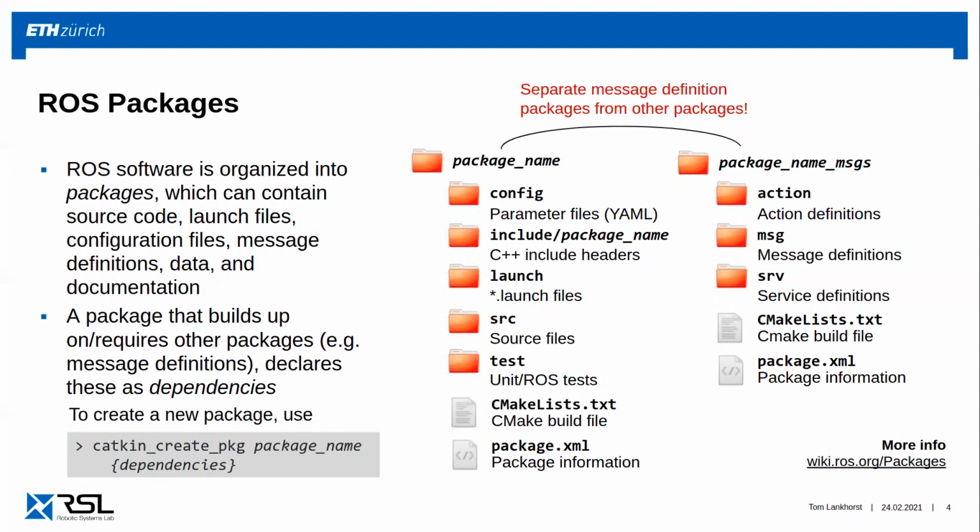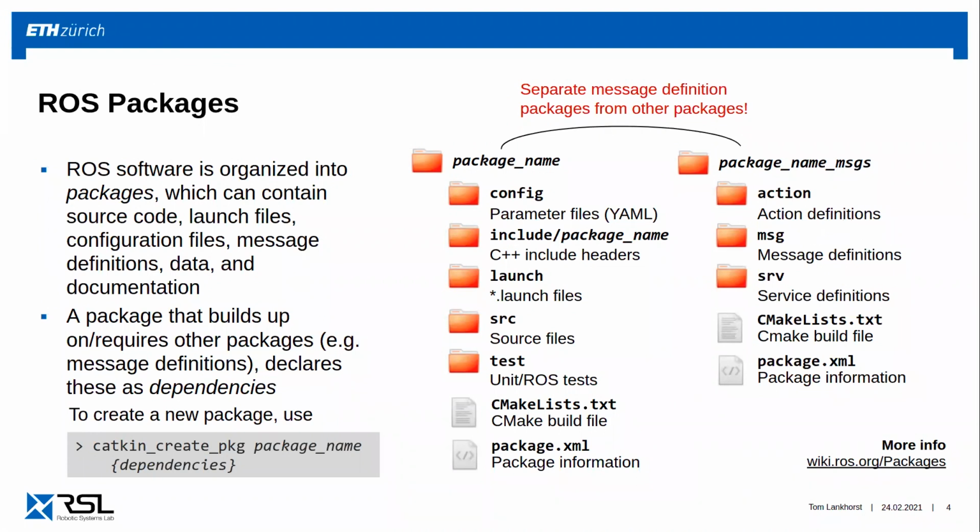Then there will be the launch directory, which contains the ROS launch files, which describe how we want to start up nodes, how we want to compose them, and the properties and names that we want to give them. Then there is again a typical C++ folder, the source folder, which contains the source files for your libraries and executables.